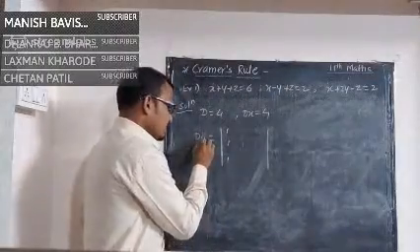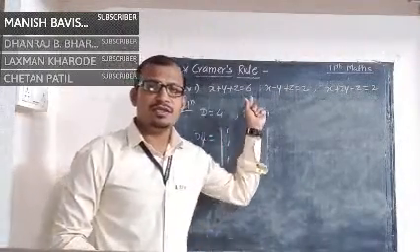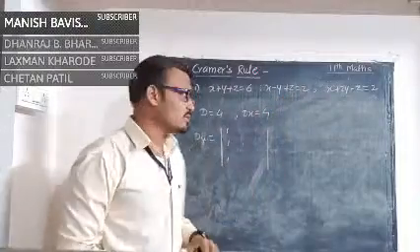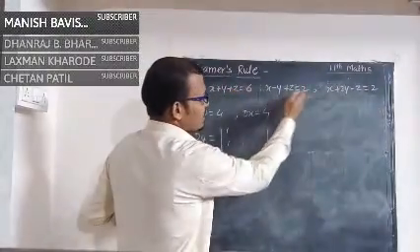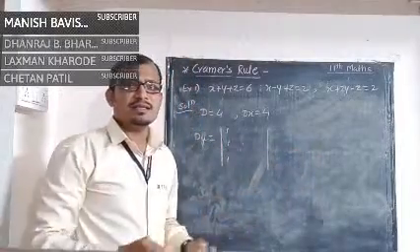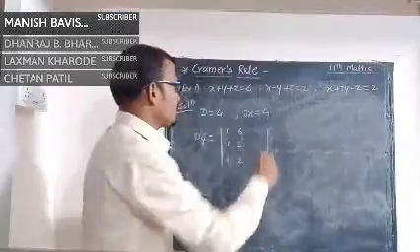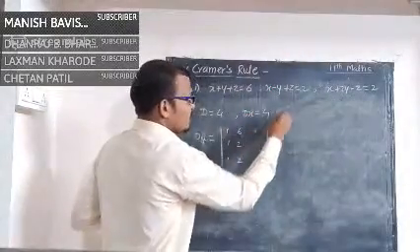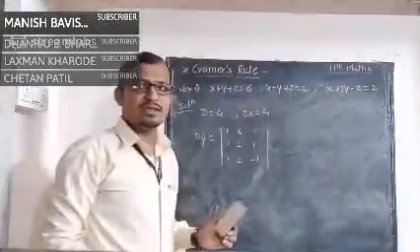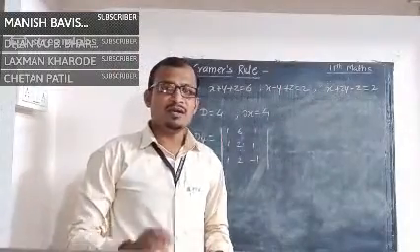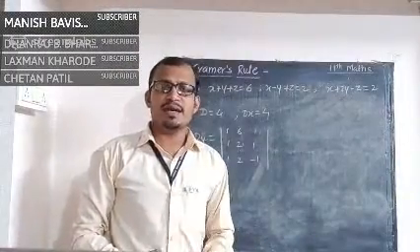Now as it is the determinant dy, so we have to replace the coefficients of y by the constant terms. What are the coefficients of y? 1 minus 1 and 2. We have to replace these coefficients by the constant term 6. What are the coefficients of z? Here 1, here 1 and here minus 1. So this is our determinant dy. Now try to solve this determinant dy and tell me what is the value of dy.